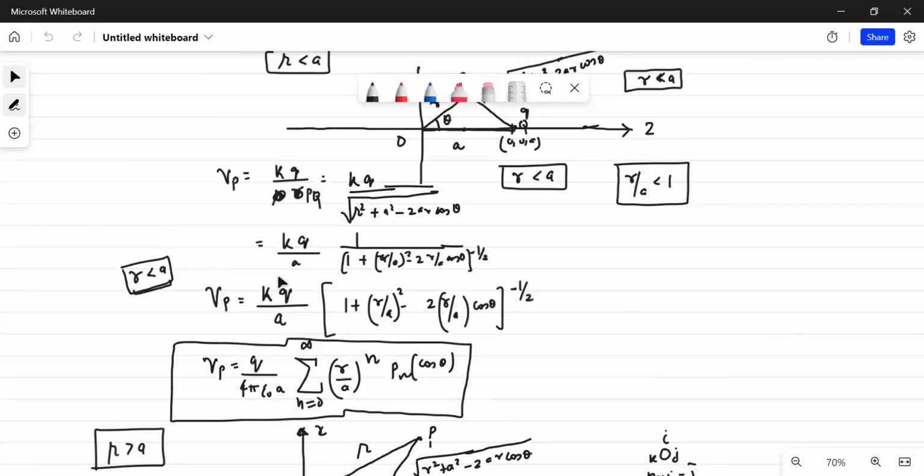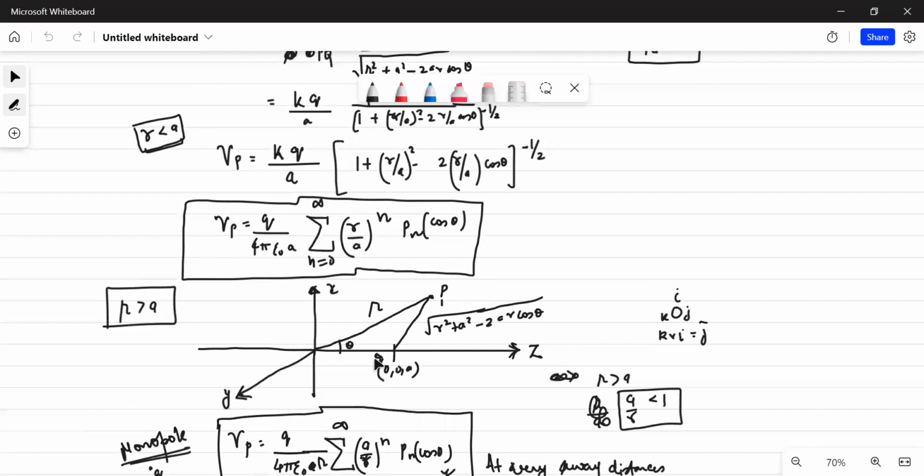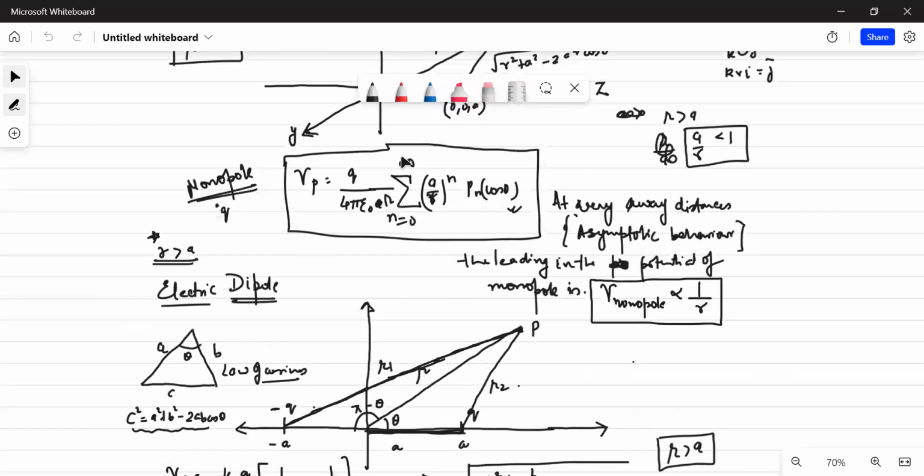Then we also tried to find the potential due to charge q placed at 0 comma 0 comma a such that the sought point is at a distance small r, and that small r is greater than a. This was a kind of monopole, and we got the potential of the monopole. We found that the leading term of this potential due to monopole is directly proportional to 1 over r.